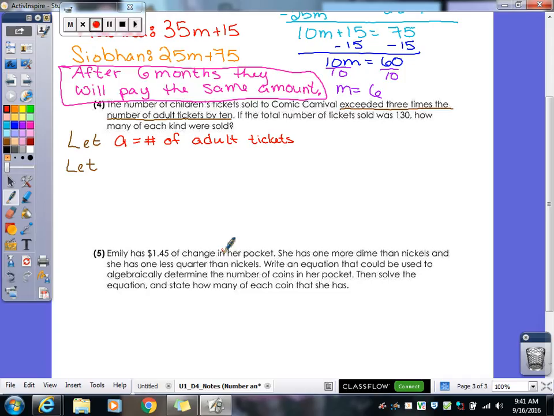So for the children's, it exceeded 3 times the number of adults by 10. Perfect. 3A plus 10 equals number of children's tickets.